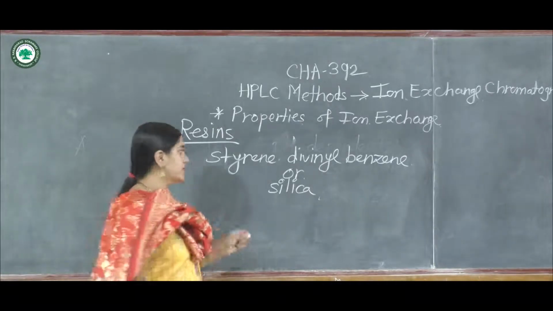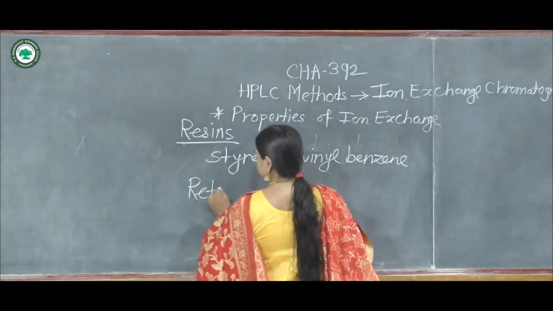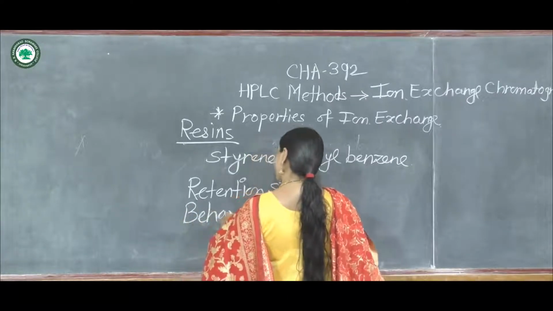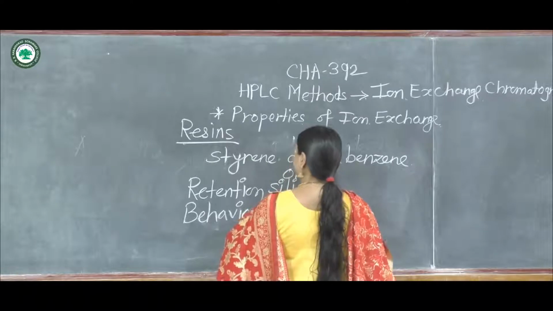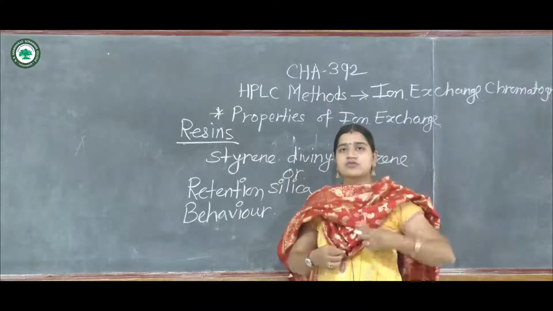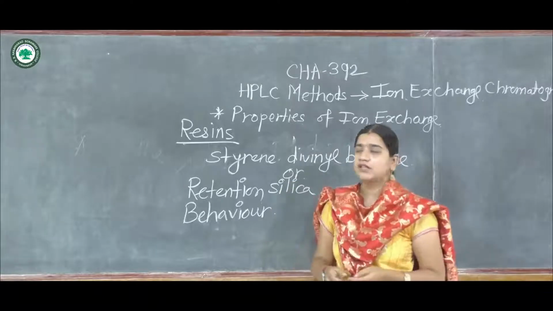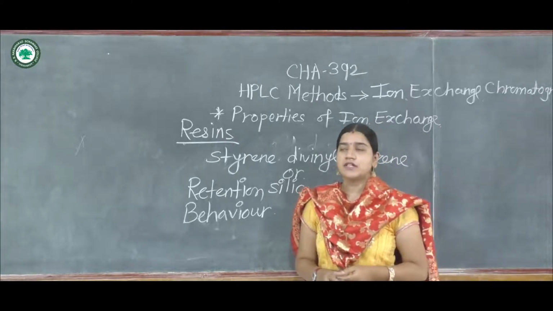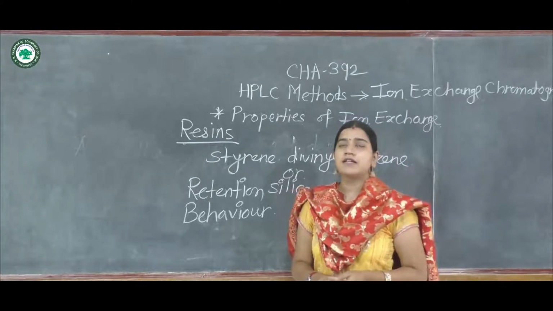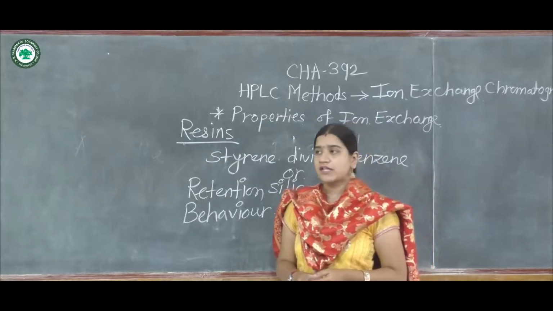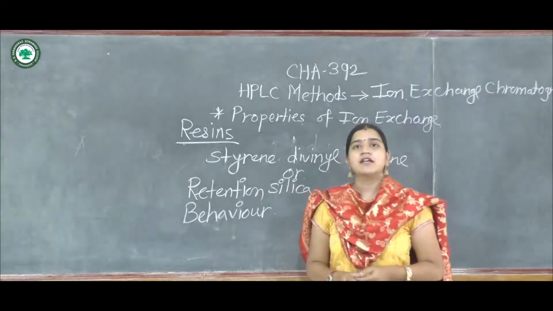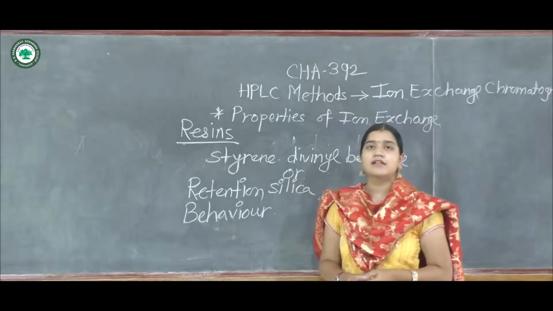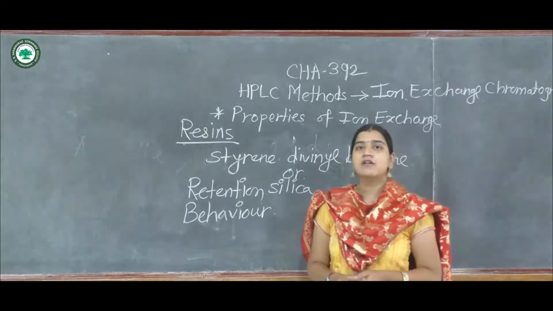Now after this, the next important point you have to consider is the retention behavior. How strongly your analyte interacts with the column will decide the retention behavior. If there is a strong affinity between the material and the ion exchange column, then it is strongly held together. As it is strongly held, it will require more time for the separation, and hence you can say that the retention volume is high, or the retention behavior is high.